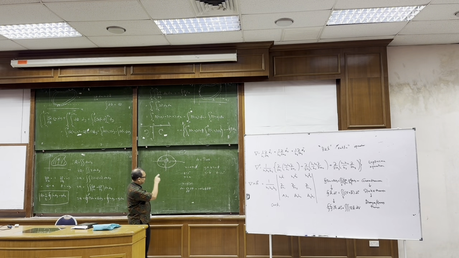Then y is b sine phi, so dy is dy by d phi times d phi, which is b cos phi d phi.